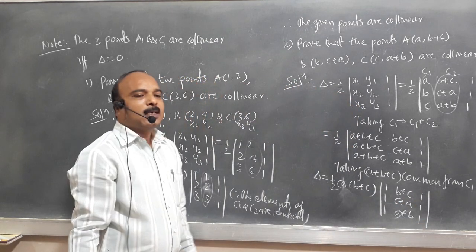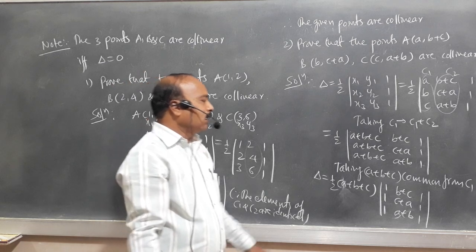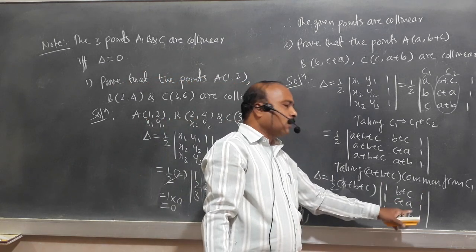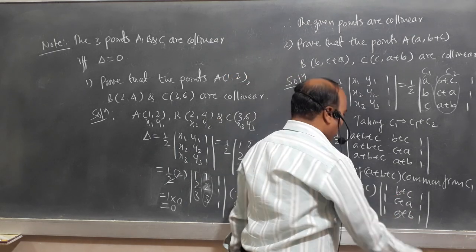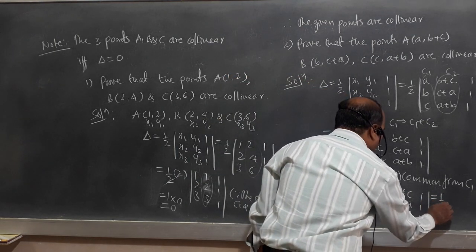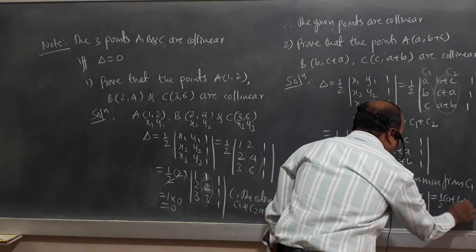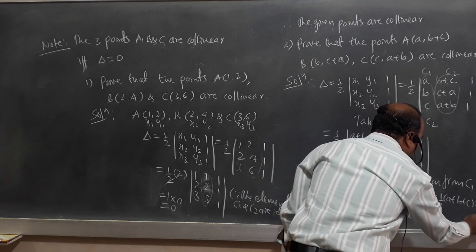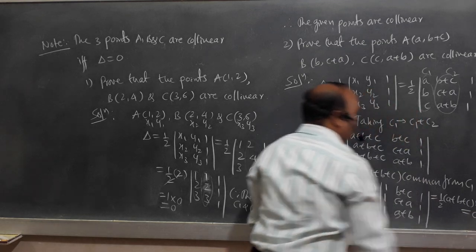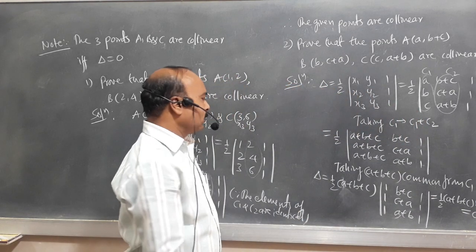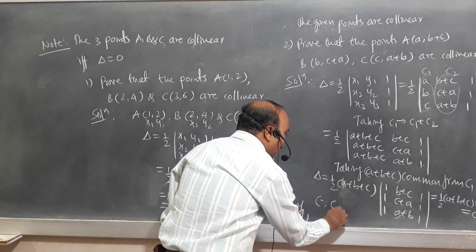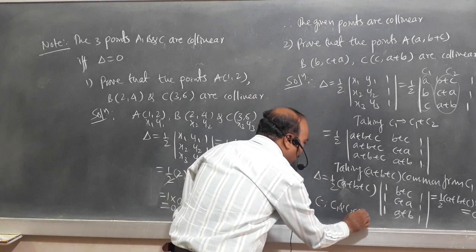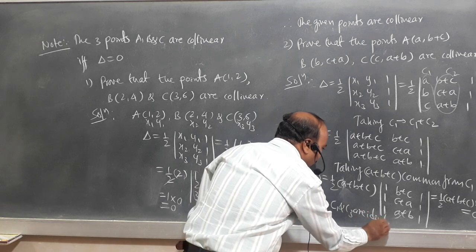Here we observe that the elements of the first column and third column are equal. Therefore it is written as 1 by 2 times a plus b plus c times 0. So the result is equal to 0, because the elements of C1 and C3 are identical.